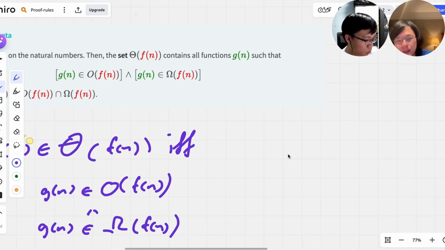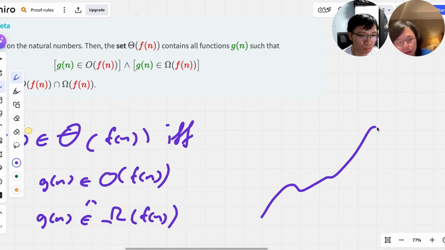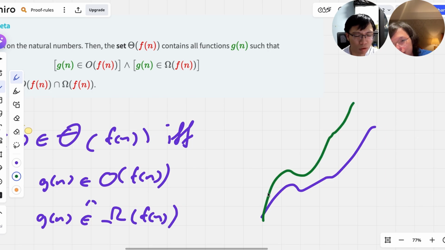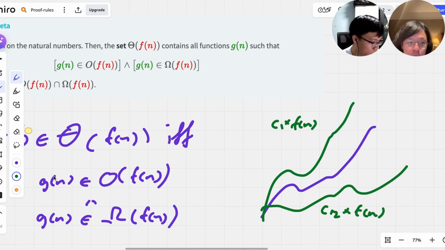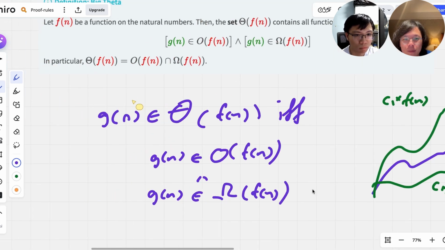So in other words, think of it this way: Gn is some function, and it is sandwiched by both. The intuition is that these are the same function actually. It's just C1 times Fn and C2 times the very same function Fn. So intuitively here, Gn is being sandwiched by both of these functions. That's what it means to be in theta of Fn.